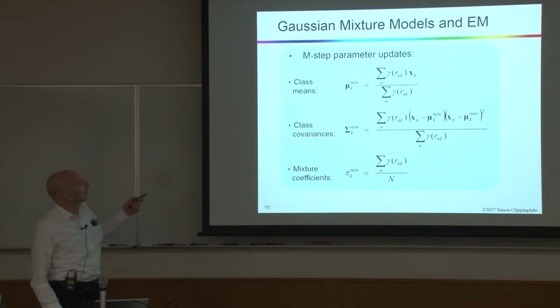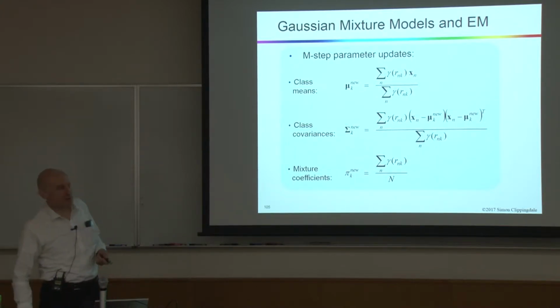Okay, the M step parameter updates look like this. These are the new class means in terms of the data, that's the xn, and these are the probabilities that the nth vector came from the kth class. Class covariances look like this, and this is a weighted mean of the data according to the probabilities that it belongs to each class.